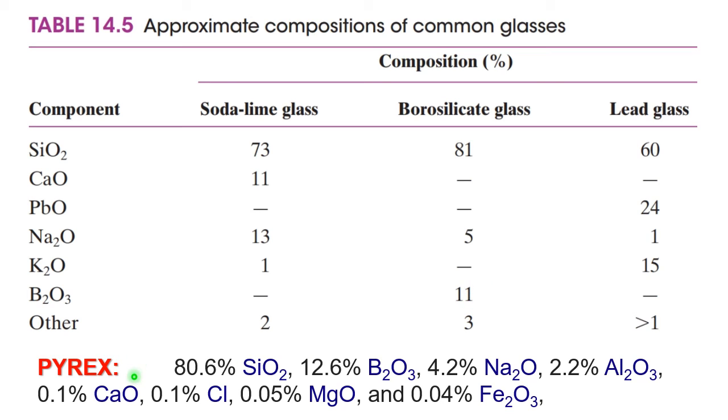It's usually chemical Pyrex glass, which has this composition, around 13% of B2O3, and very little aluminum.